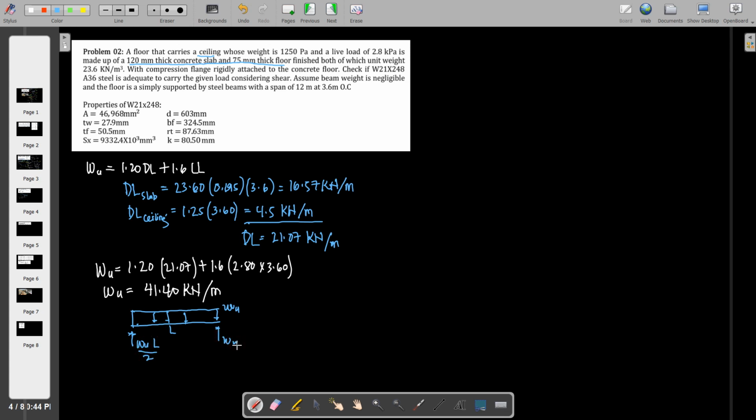So symmetrical lang naman yan, Wu L over 2. So this is the maximum shear actually. So we can say that Vu is equal to W times L all over 2. So W is 41.4 times 3.6 all over 2.